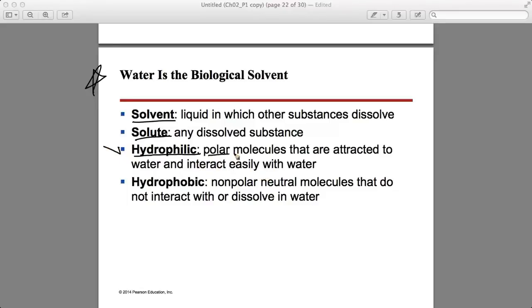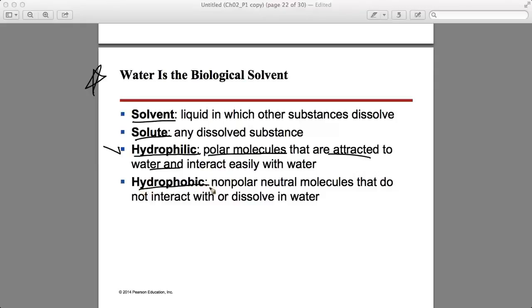And these are typically polar molecules. Because water has a slight charge to it, because of those hydrogen bonds, polar molecules can be easily attracted to those water molecules, and therefore the two interact very easily and become dissolved.